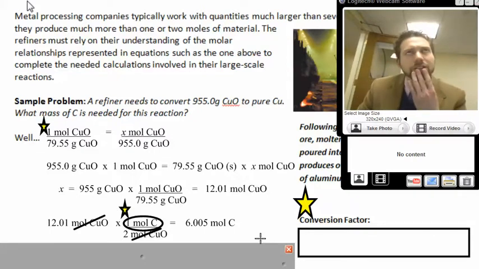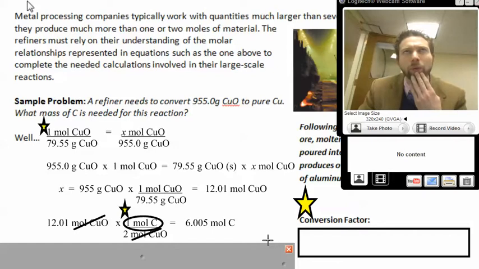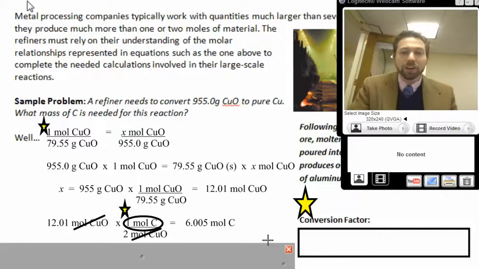So how do we convert to grams? Well, we have 6.005 moles of carbon, and I know that each mole of carbon weighs, where should I look for this? Molar mass. Molar mass is on the periodic table.